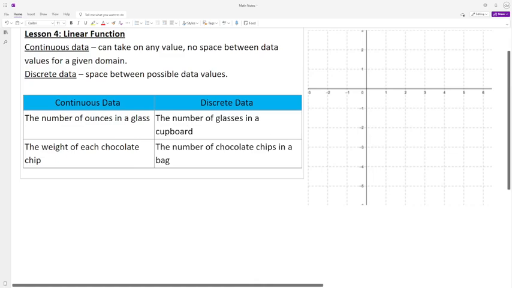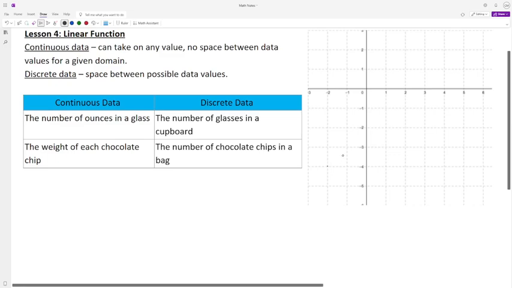So for linear functions, a line would look like this: a straight line going up, a straight line going down, a straight line horizontal, or a straight line vertical. Those are our options. We're not going to have wavy lines. We're not going to have lines that are not straight, that change direction.